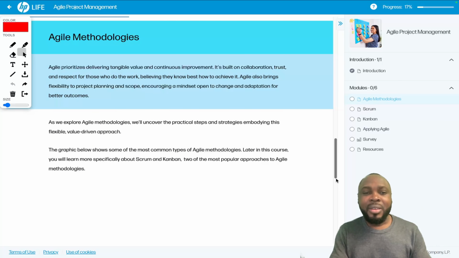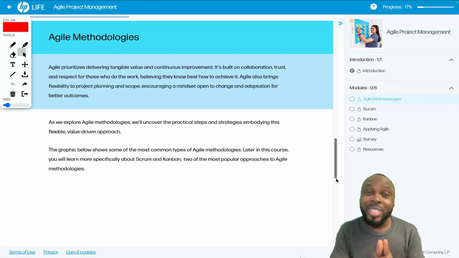Now, the graphics below show some of the most common types of agile methodologies. Yes, we have a lot of frameworks under agile. Agile in itself is a methodology, but under agile we have other ways in which agile project management can be carried out, and the two most popular are Scrum and Kanban.